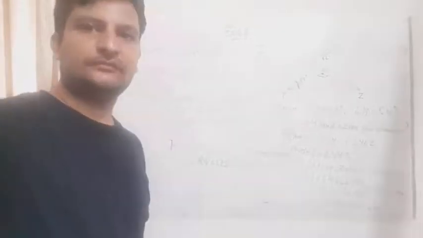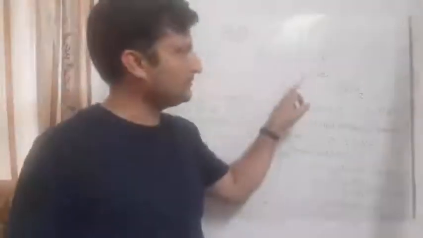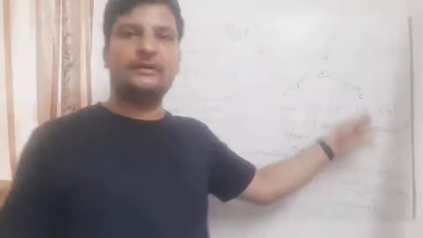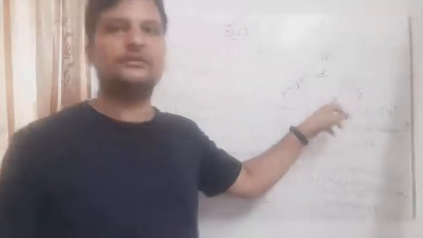This angle is coming 121 degrees. So students, in this question we first use the angle sum property in the larger triangle XYZ to find angle Z, and then we find the angles in the small triangle.